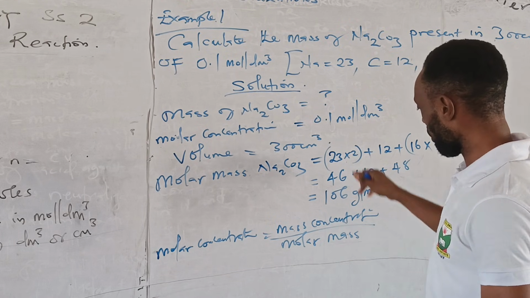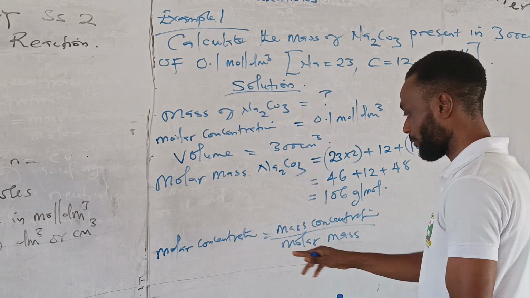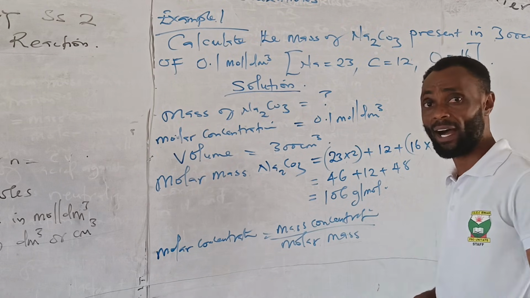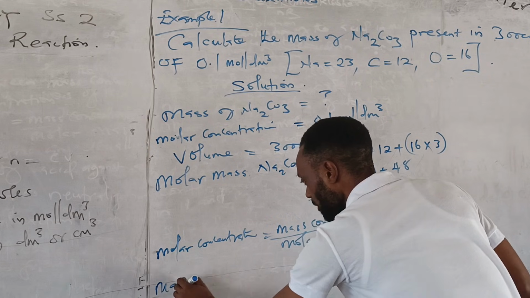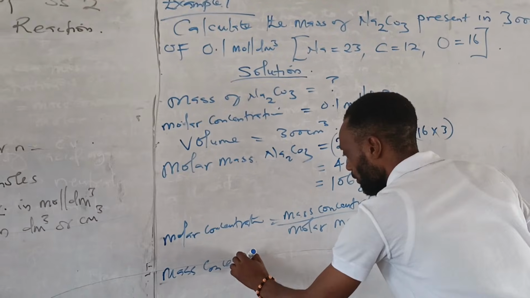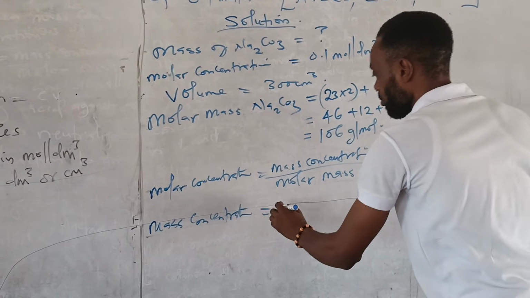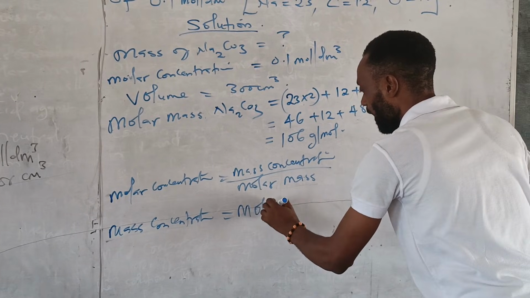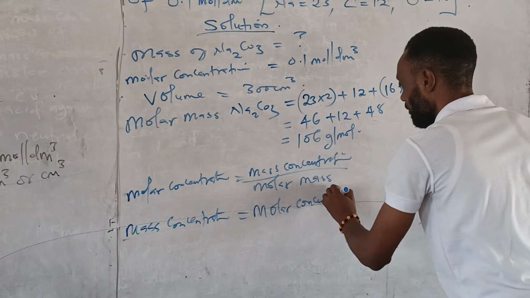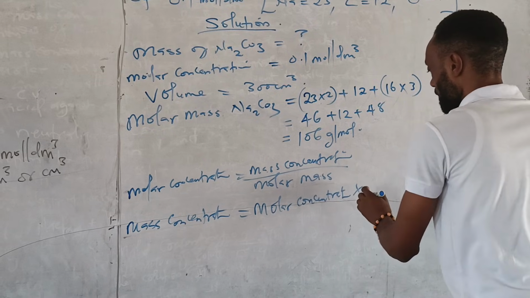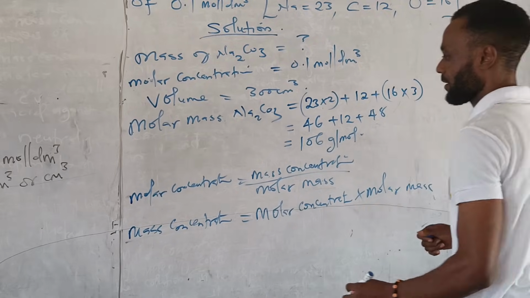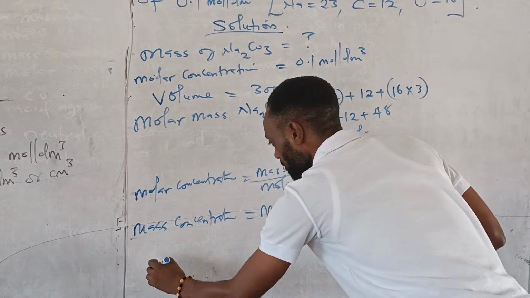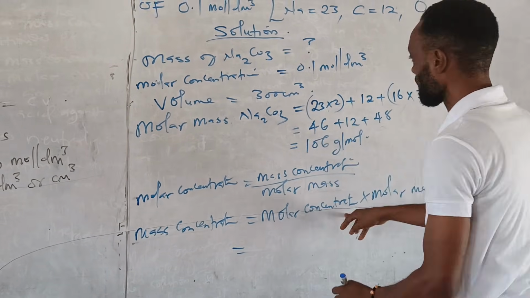Molar mass is also given to us, except for the mass concentration. Therefore, we will make the mass concentration the subject of the formula. Therefore, mass concentration equals molar concentration times molar mass.